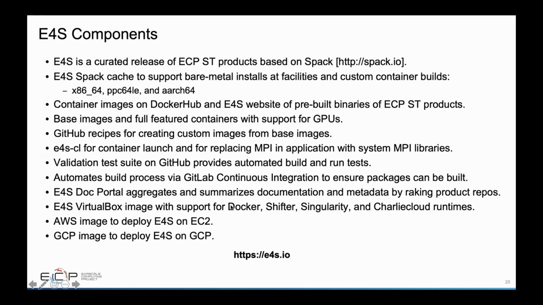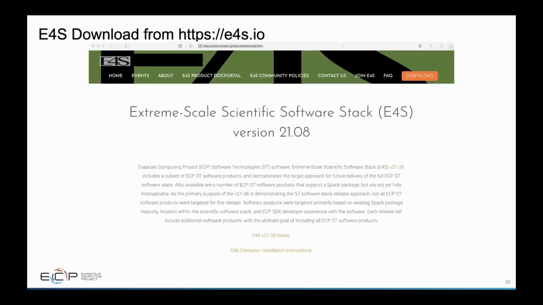So with this, we are able to create binaries and install them with bare metal installations and also support custom container builds. We've had a recent release, as I mentioned, 21.08.